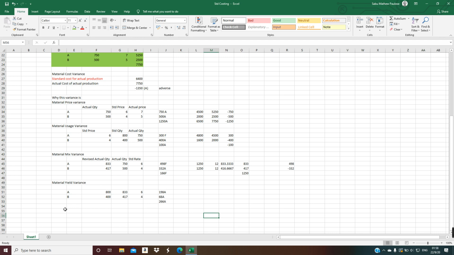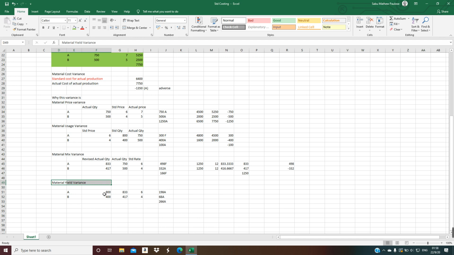Next is the material yield variance. This is when the raw material is not giving as much output.